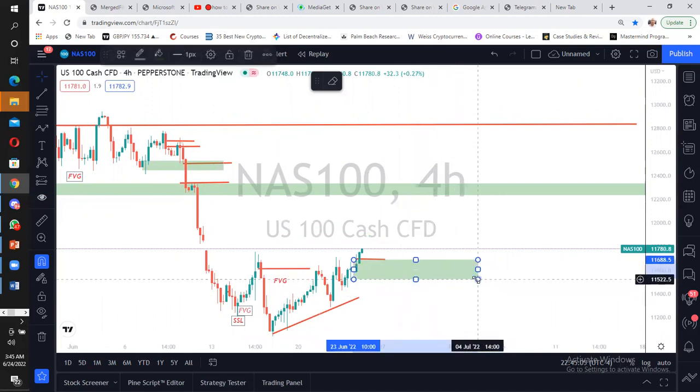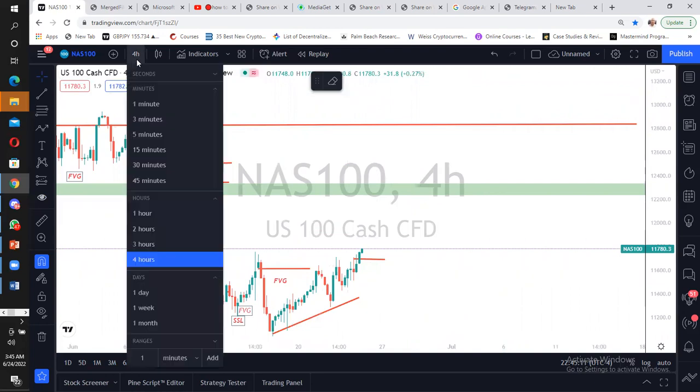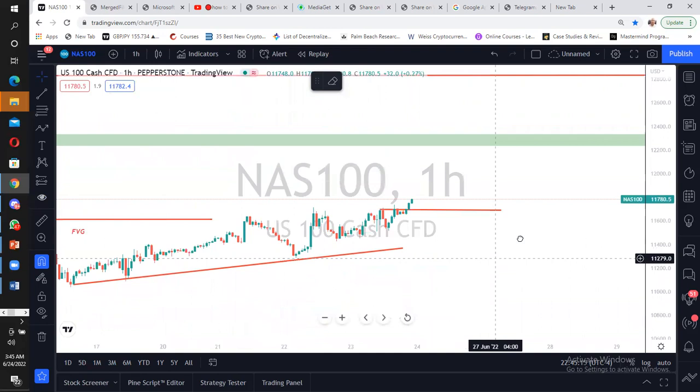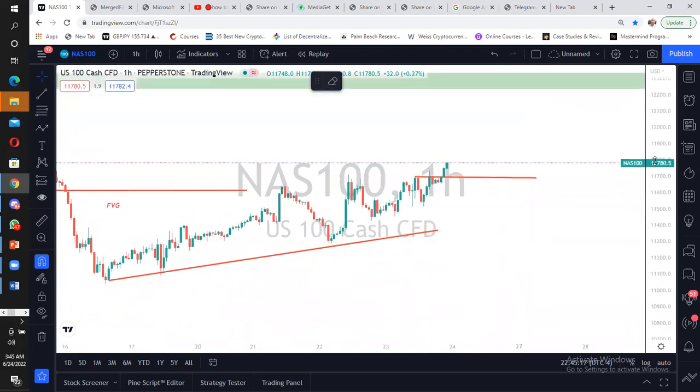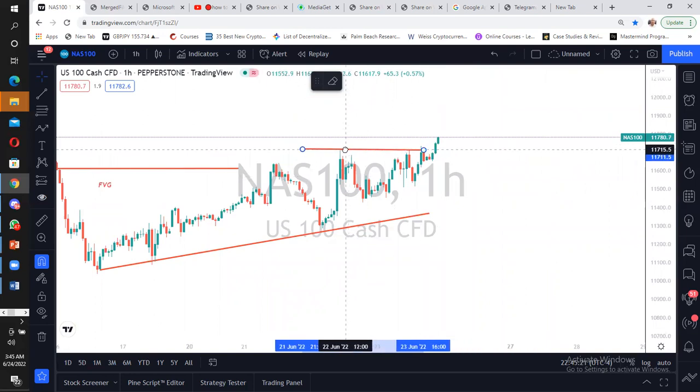So I'm going to go back to lower time frame to check this out and know how to get into the trade, because we know it's an uptrend. We have break of market structure, taking out all this buy side liquidity.